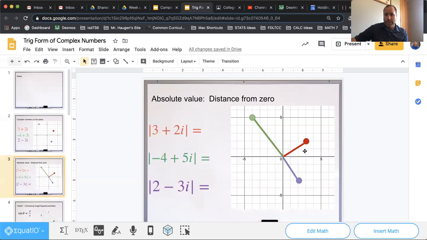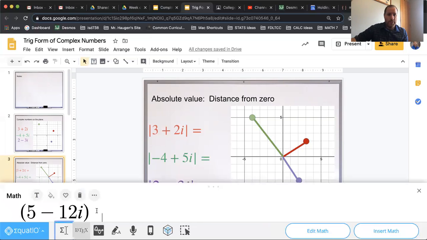This is up and down 2, and this way 3. If you look up a formula for it, it'll say do the square root of a squared plus b squared. Well, really, that's just the Pythagorean theorem. That's all it is. There's a little triangle right here, 2 up and down, 3 left and right.